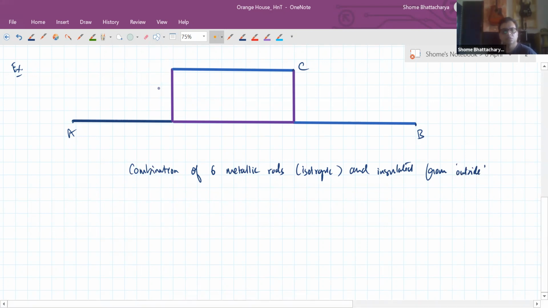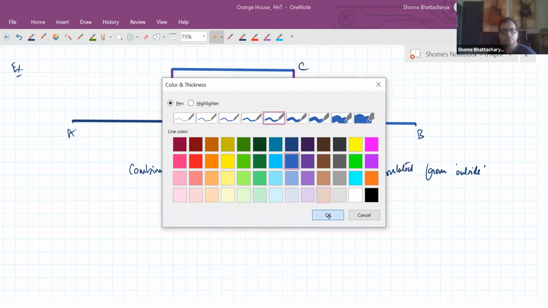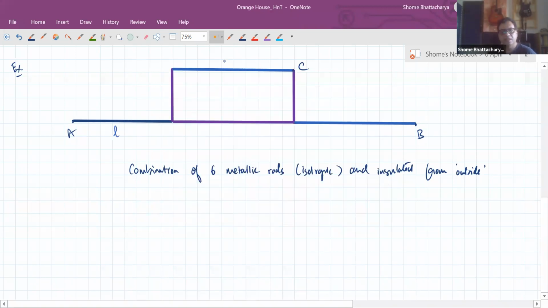So these rods are of length L each, and thermal conductivity K1, and these other 3 are like this.